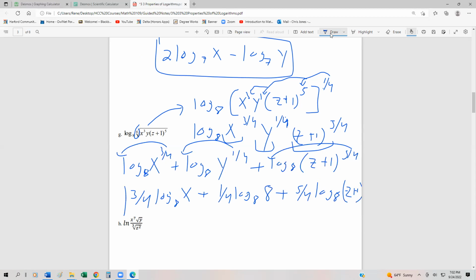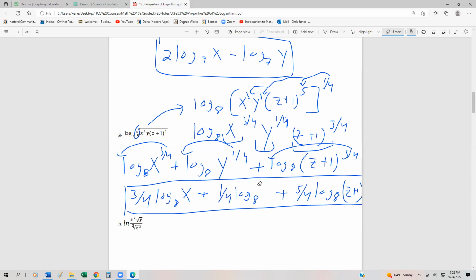All right, so be careful when you're typing these into MyMathLab. Obviously, it's easy to make a mistake. This should be log base 8 of y, not log base 8 of 8. All right, so sorry about that, just a copy error.